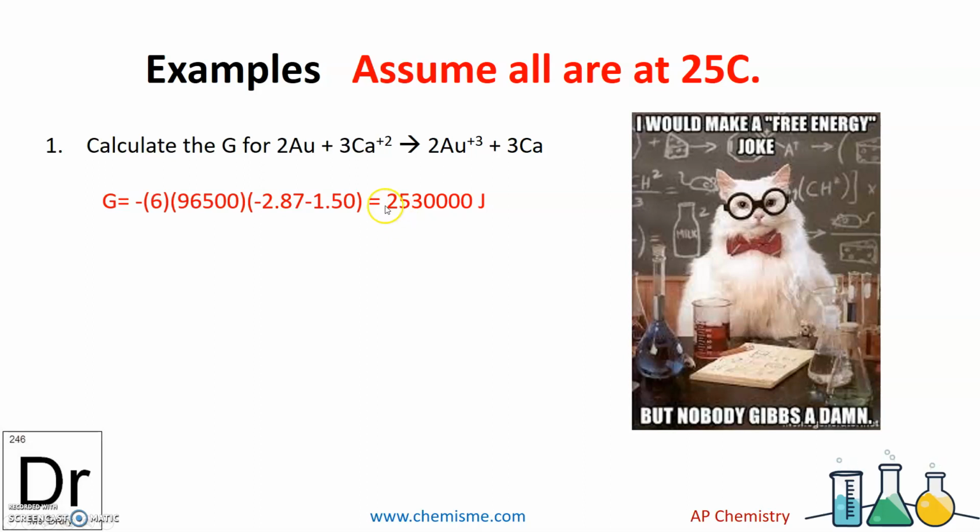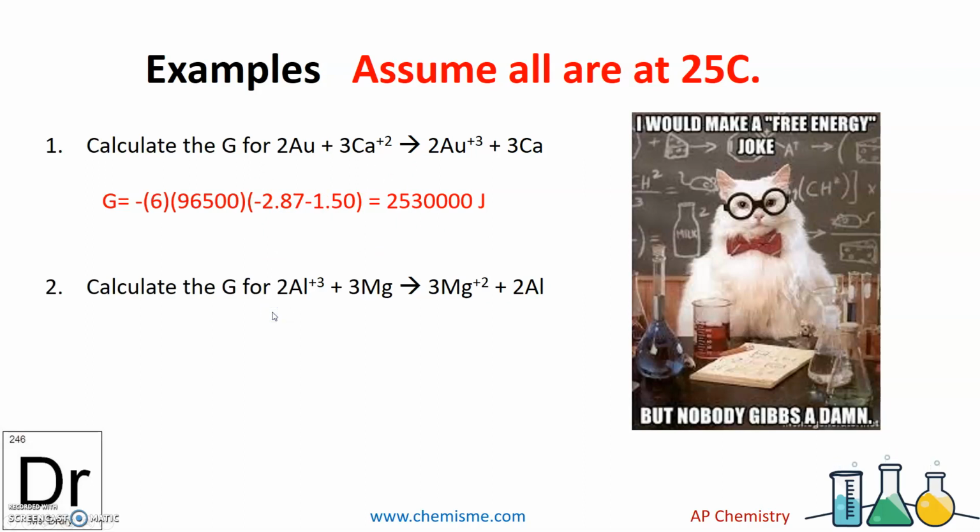But notice two things. It's in joules because this 96,500 is in joules, not kilojoules. So it's actually 2,530 kilojoules, right? Still a lot, and it's positive. What that means is this is not a spontaneous reaction in any way. It's not favorable because you require that much energy. You also knew that probably because the voltage was negative.